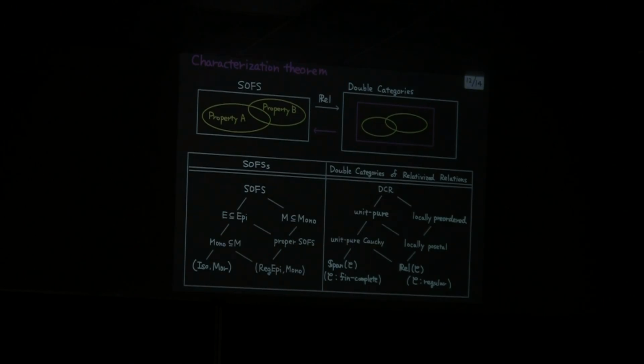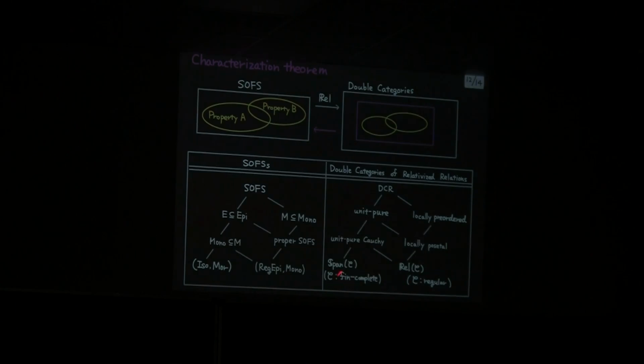I have a small technical question. The E inside of FP and the mono inside of M, which implies the other? Is it because of orthogonality, or does it not follow? Unit pure Cauchy is stronger than unit pure, right? Maybe the correspondence is mono in M, but then it should imply that E is inside of FE, right? Or am I misreading? We obtained this correspondence by proving what a horizontal adjunction is in a concrete presentation.